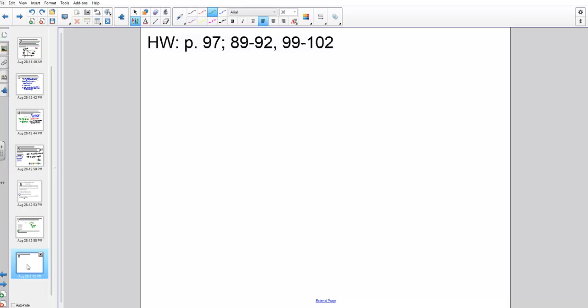These are a little bit different, because on 99, it asks you to prove and it asks you to find C. I should have done one of those. So like 99, you would say f of x is continuous because it's quadratic.